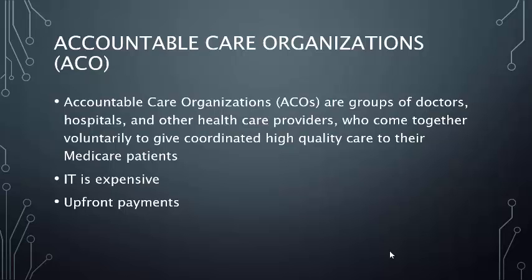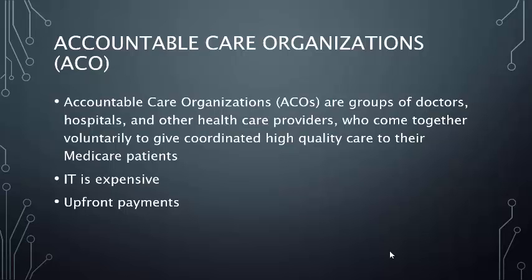Another aspect of Obamacare is that they call for voluntary accountable care organizations, or ACOs. And these are groups that get together and try to find a way to coordinate the highest quality of care for Medicare patients.